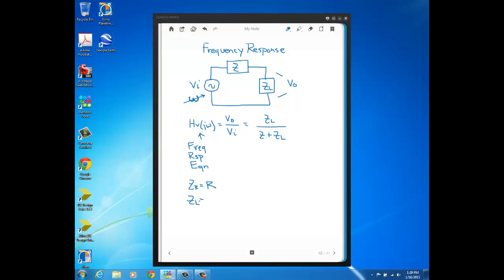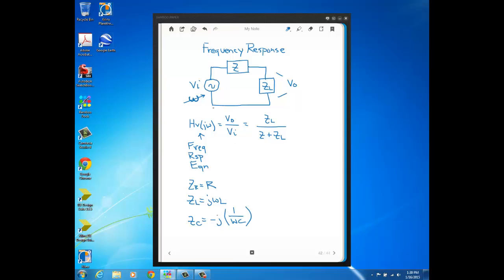Impedance of an inductor is j omega L, and impedance of a capacitor is equal to minus j over omega C. What's important to understand conceptually is that impedance is opposition to AC current flow, and the impedance of the capacitor and the inductor both depend on source frequency: the inductor impedance directly and the capacitor impedance indirectly.